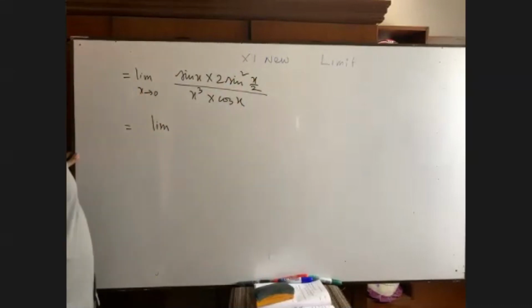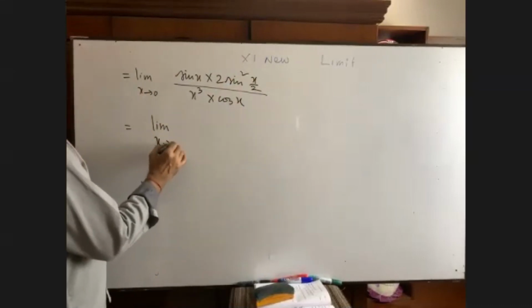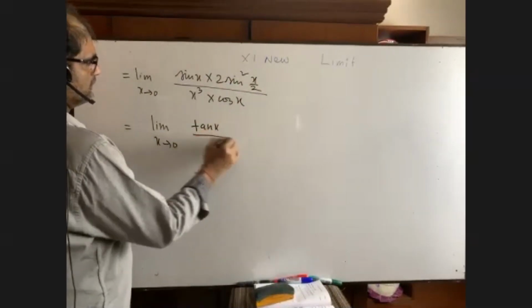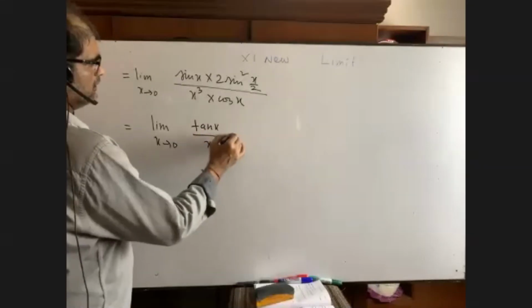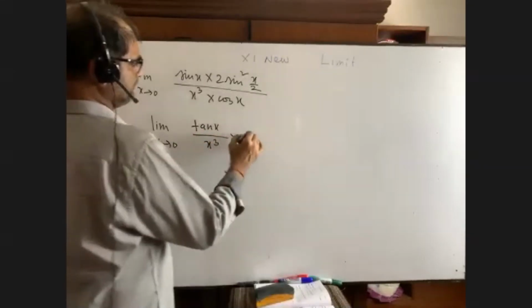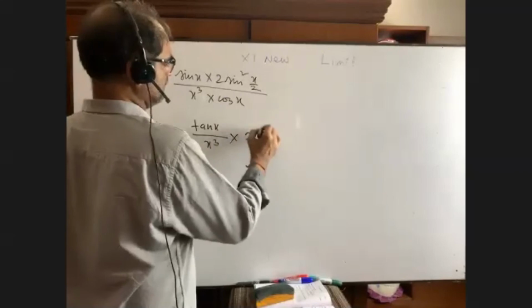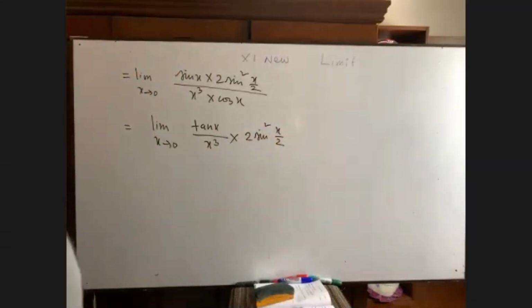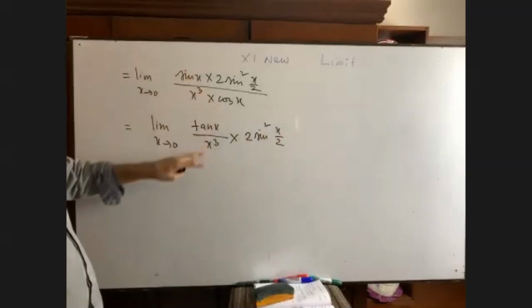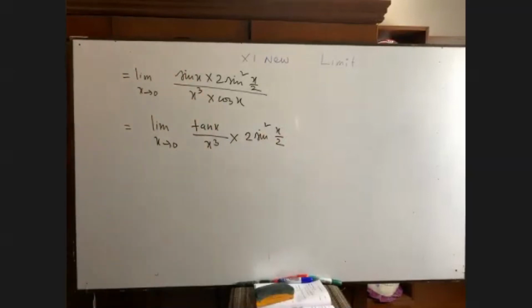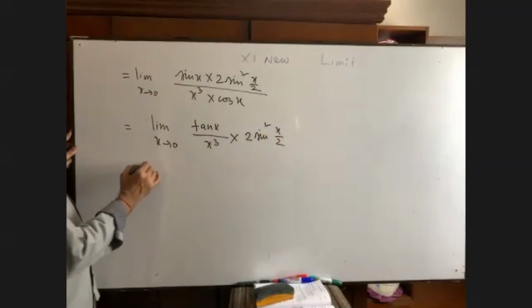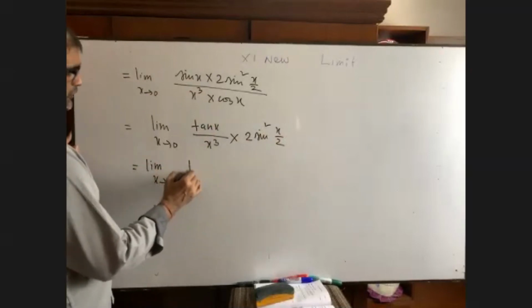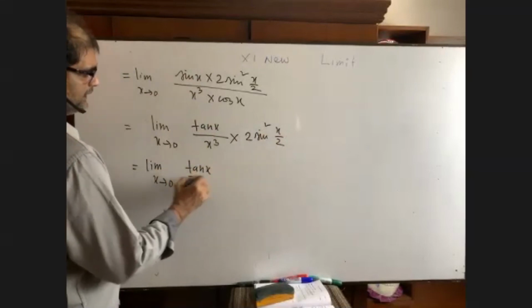Limit x tends to 0. Can I write here tan x by x cube into 2 sin square x by 2? Sin x by cos x equals tan x. That means limit x tends to 0, tan x by x, can you write?